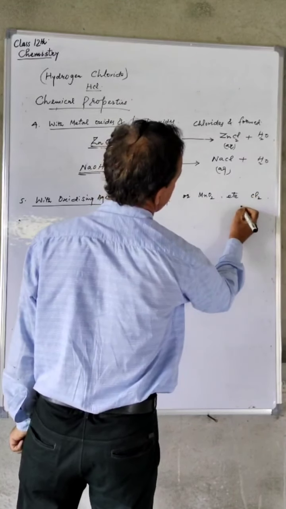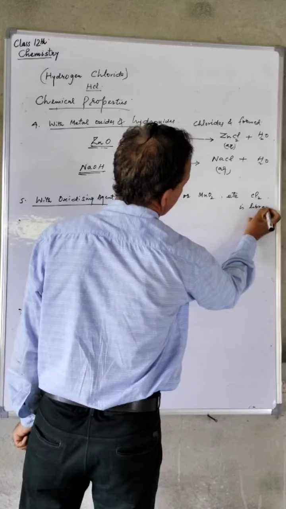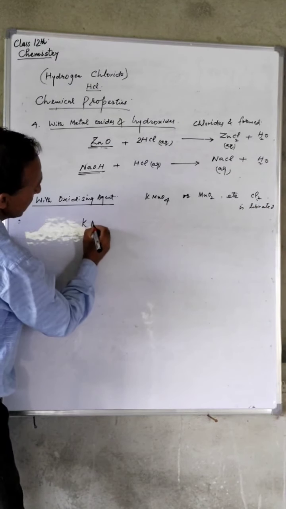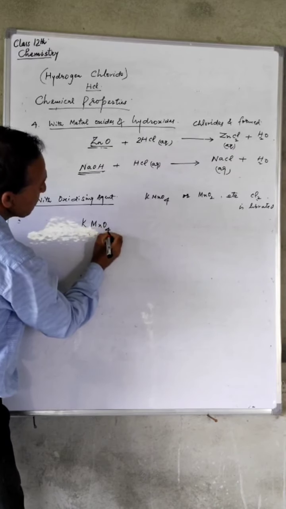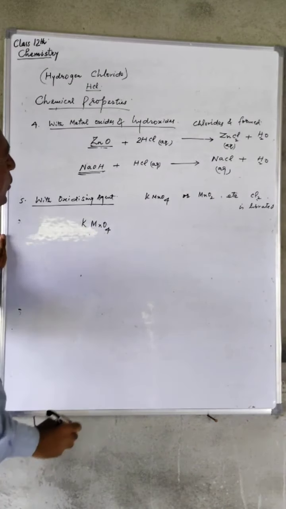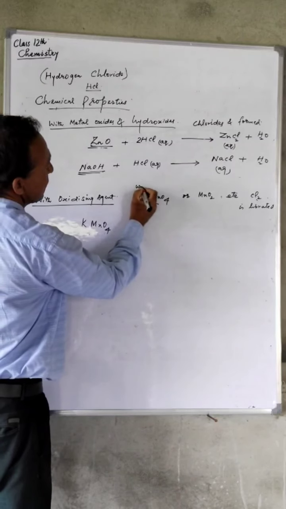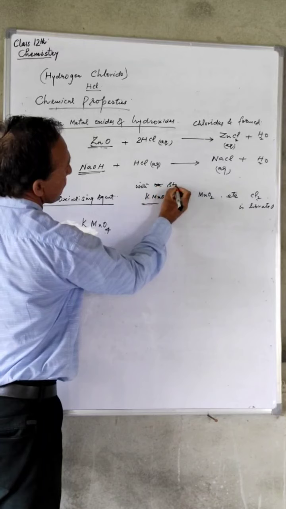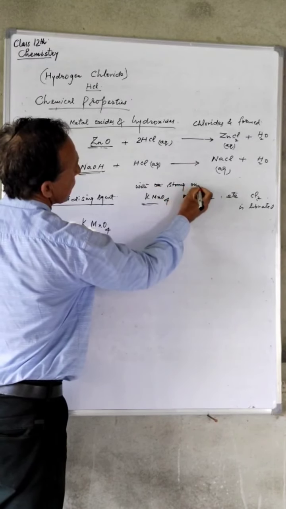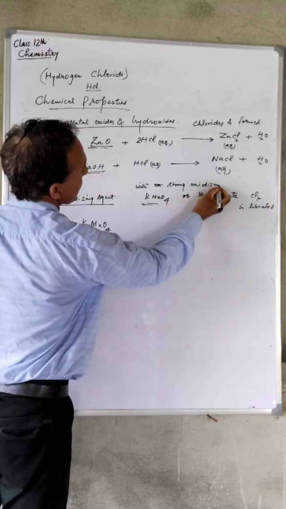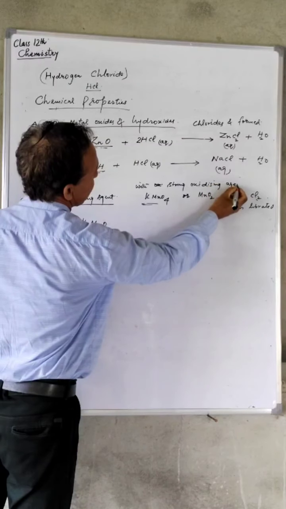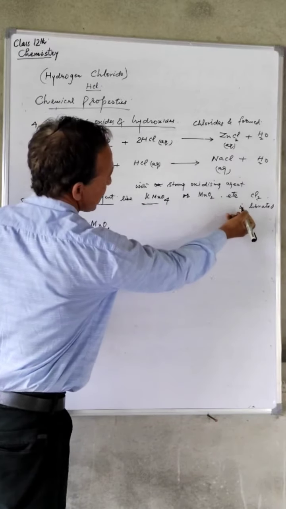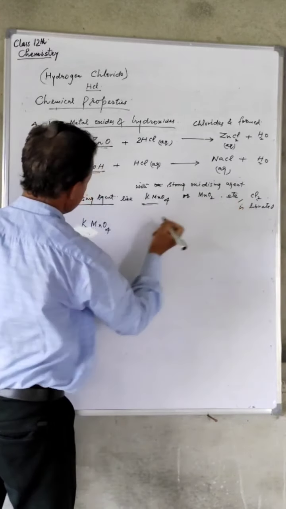Chlorine is liberated. For example, KMnO4, potassium permanganate, is a strong oxidizing agent. Like KMnO4, manganese dioxide, chlorine is liberated.